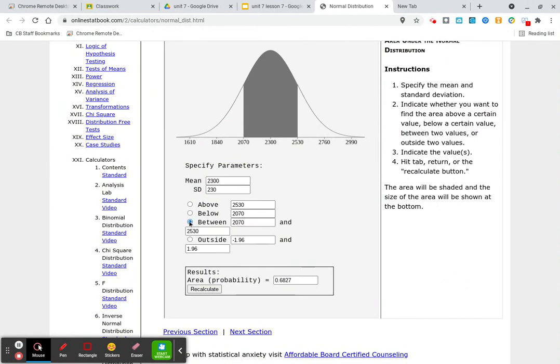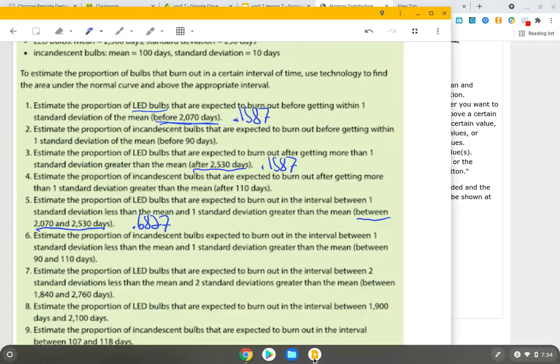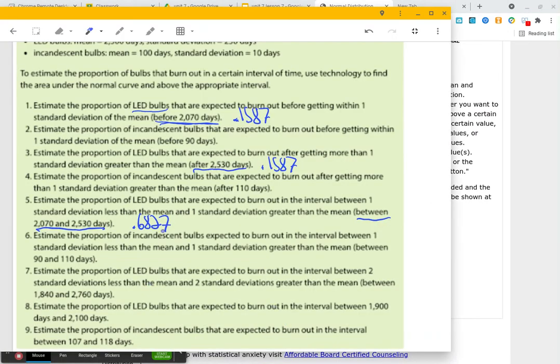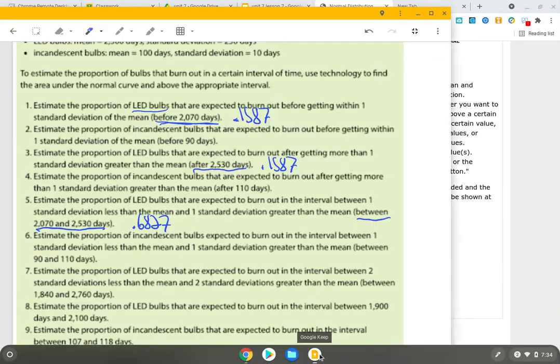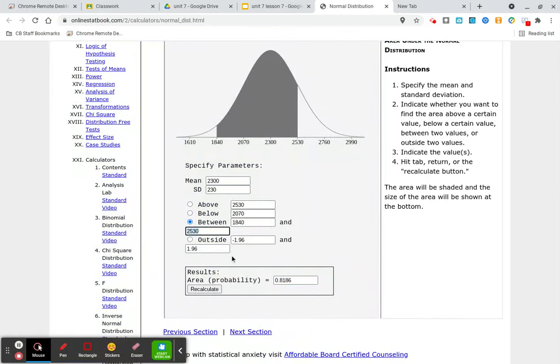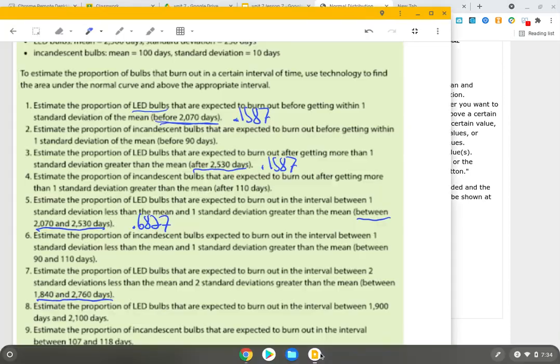We're going to go to between 1,840 and 2,760. And there's our answer here, 0.9545.